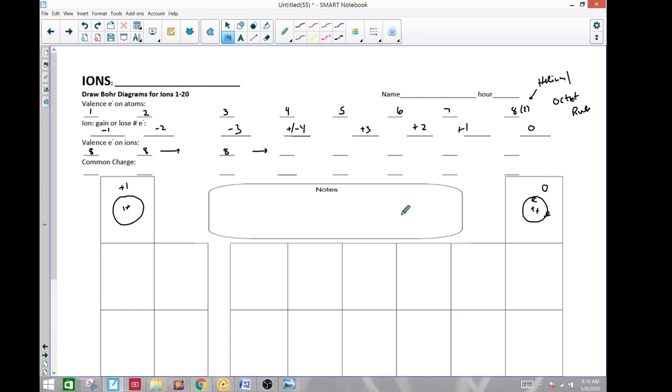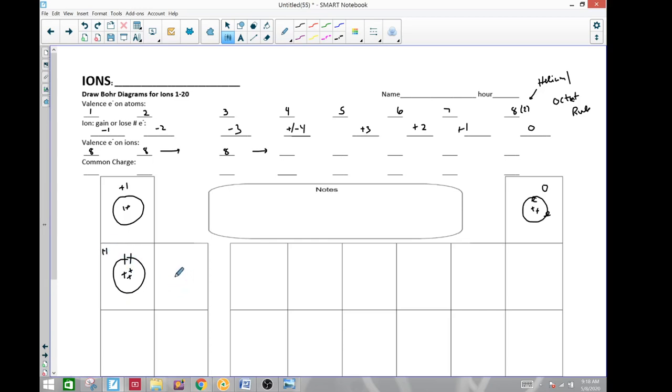Okay, the next one has got 1, 2, 3 protons, and it's got 2 energy levels, but it lost that last one, so it's just going to be 1, 2. So 2 positives, 2 negatives, and positive 1.